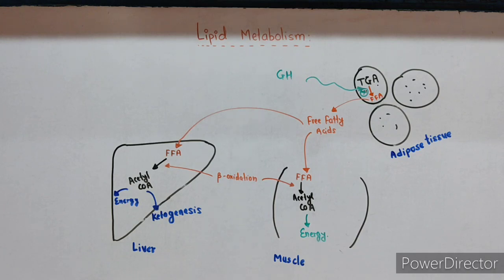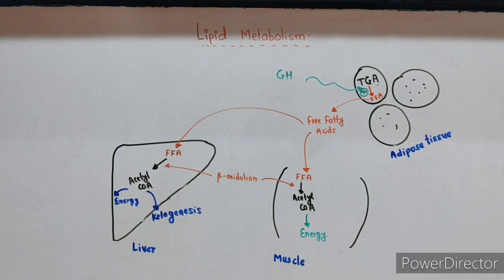In the liver, again from blood, free fatty acids released from the adipose tissue are taken up. Free fatty acids undergo beta oxidation in the liver, similar to muscles. Acetyl coenzyme A so formed from beta oxidation of free fatty acids can undergo two processes in the liver.